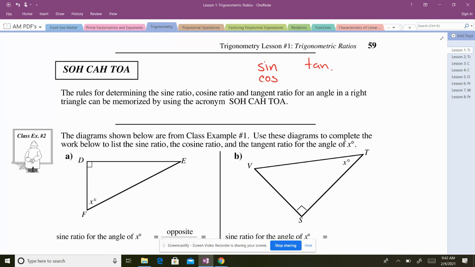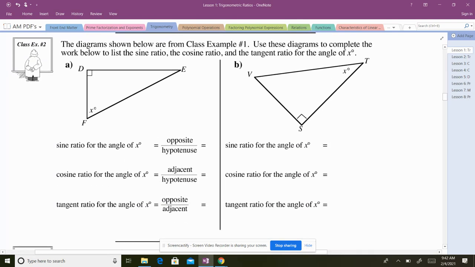And they have a definition. Now, you can write it on your cheat sheet, but I'm going to put it up on the board so you don't have to remember. The easy way to remember it is SOHCAHTOA. So sine is the opposite side, the length of that side, over the length of the hypotenuse.